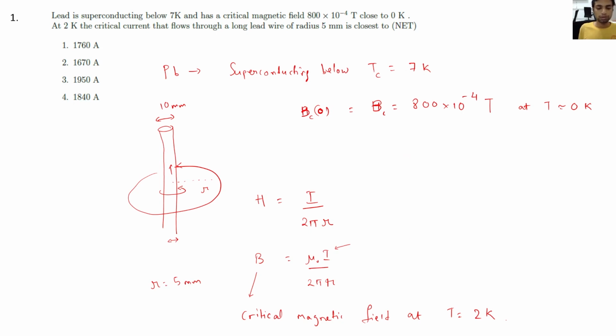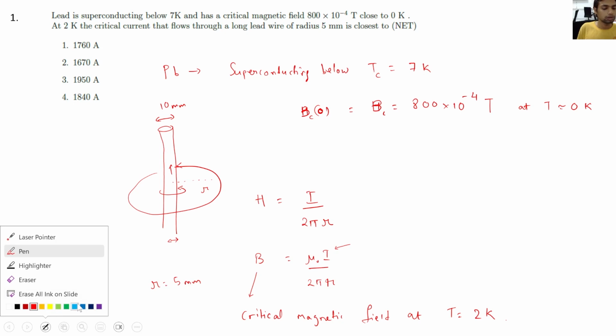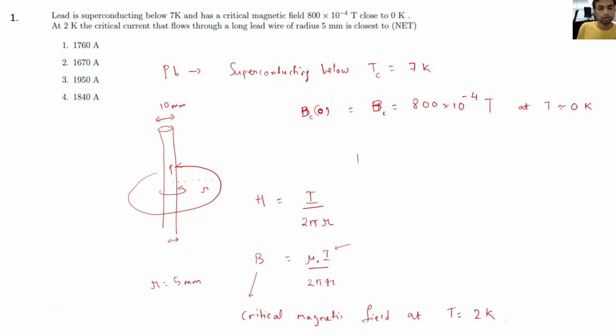So we know the critical magnetic field at 0 Kelvin. The relation between the critical field at different temperatures is given by this formula: the critical field at temperature T is related to the critical field at temperature 0 by one minus T square over Tc square, where Tc is the critical temperature.